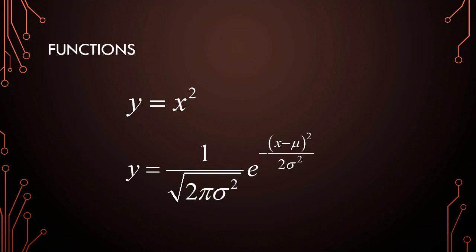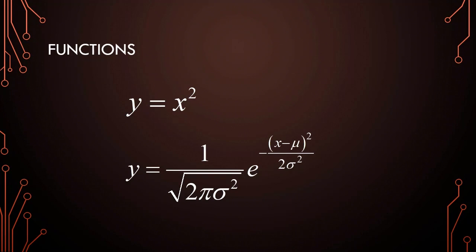To create the normal distribution, we put in a score from the horizontal axis, and the function will tell us where to plot our point along the vertical direction. This combination of inputs and outputs yields the curve that we call the normal distribution.